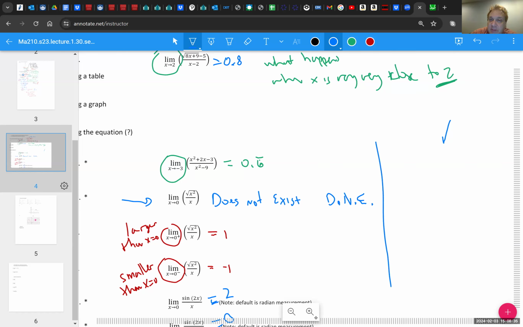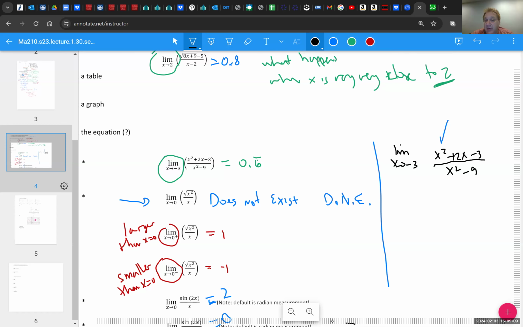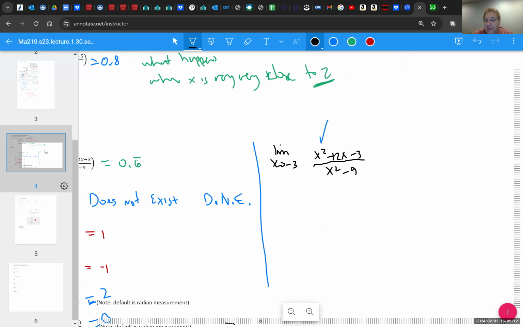So I'm going to rewrite the problem over here: limit as x approaches -3, with this squared expression on the top and this on the bottom. Without a lot of sophisticated calculus tools, we're going to have to rely on our algebra to figure out what this limit is going to equal.